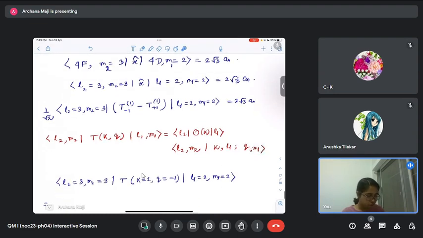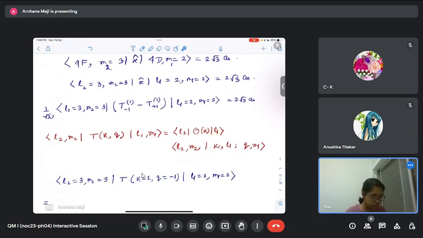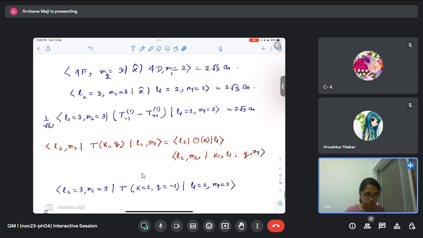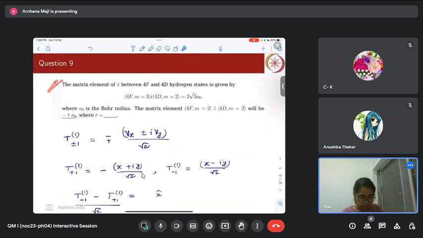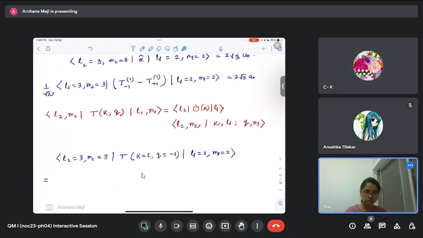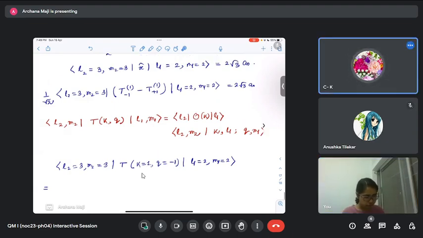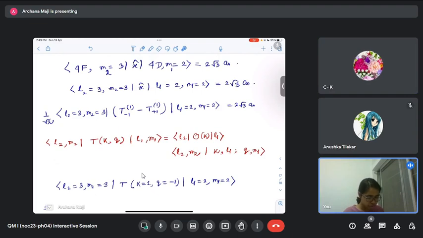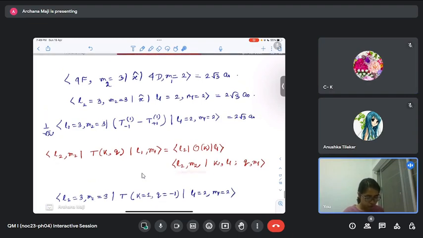Okay, I need to check this formula. On my copy it's written this, but I feel this should have been m2 m1, but I'll check this and do this problem next time.